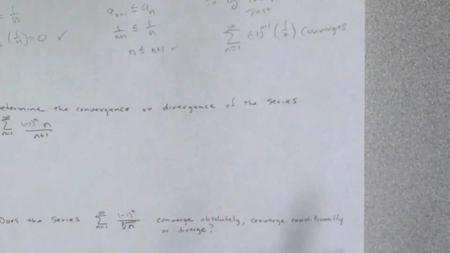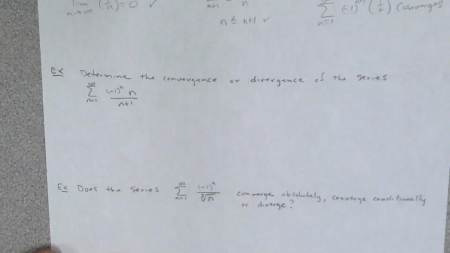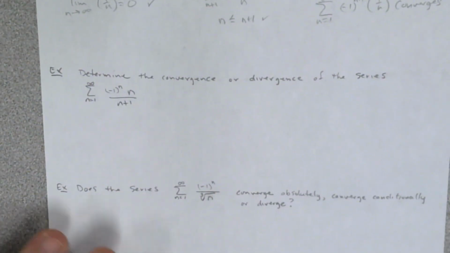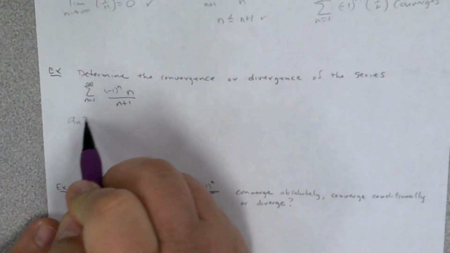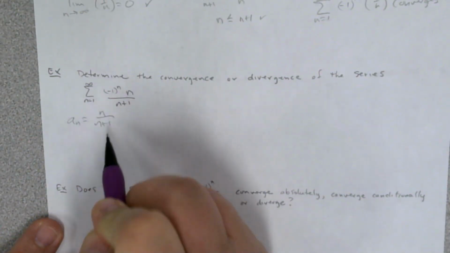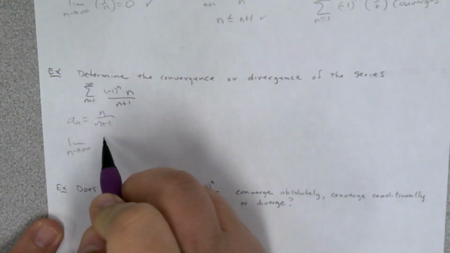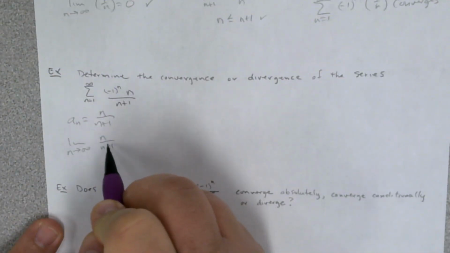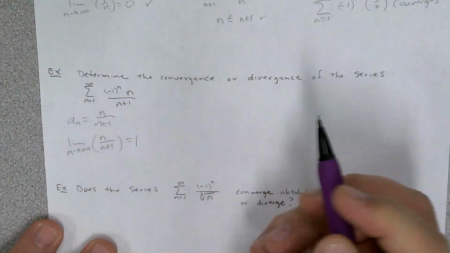So here is another example right here. Does this series converge or diverge? So our a sub n is n over n plus 1. The limit as n goes to infinity of this equals 1.